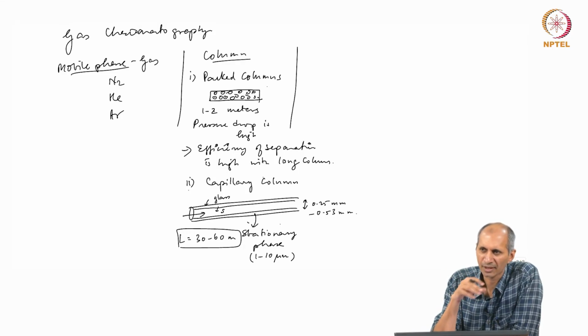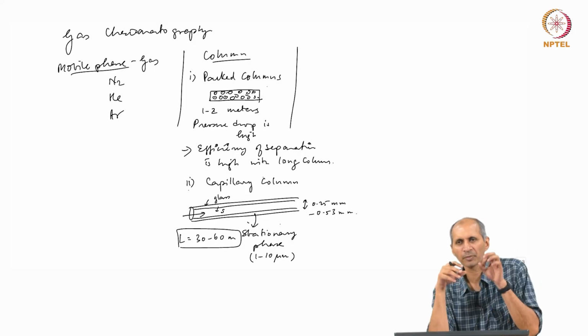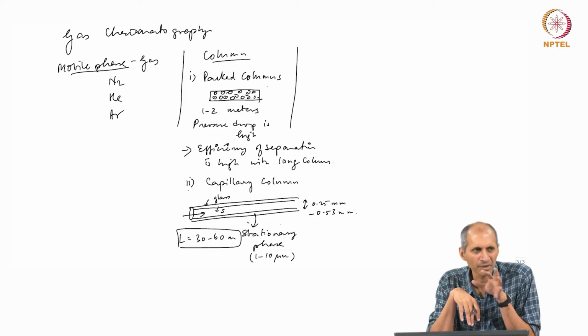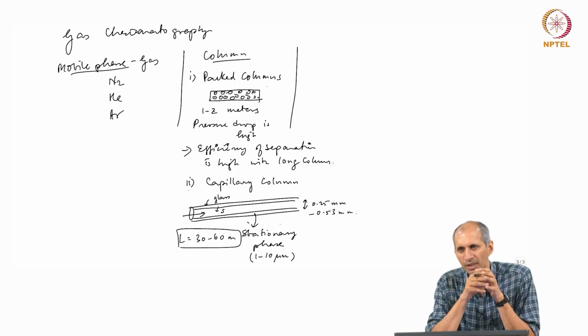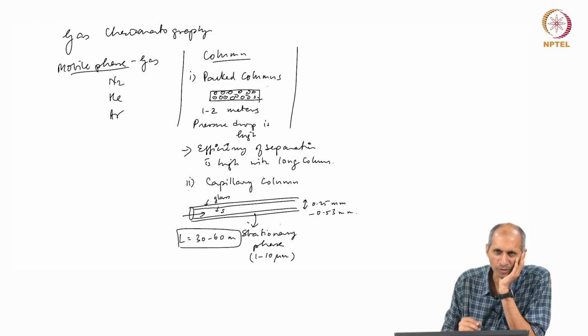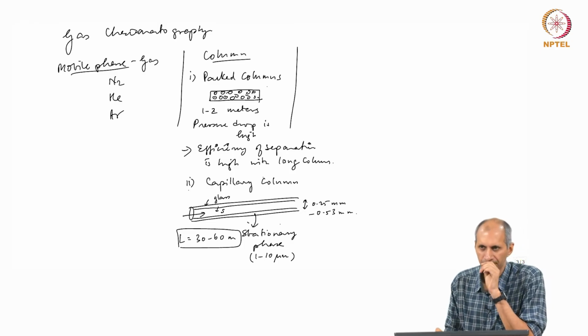The larger the particles you have, the greater the mass transfer issues. So, the particle size is also small, but the smaller the particle size, the bigger the pressure drop. So, there is a design aspect there, but capillary columns remove that restriction.